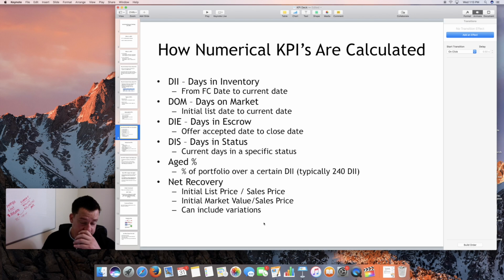Okay. So some are going to go, and this is on disputes, and there's another section for this, but I also want to point this out. There are some KPIs, like they may have listed at 100 and you came in and you said 90. So let's say that the asset manager said 100,000 is where we need to list this, but you had said 90 the whole time. There are some metrics where they say, what is our final sales price divided against your value?